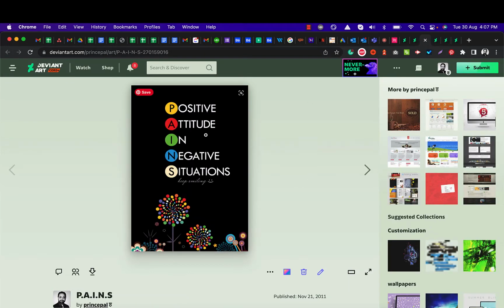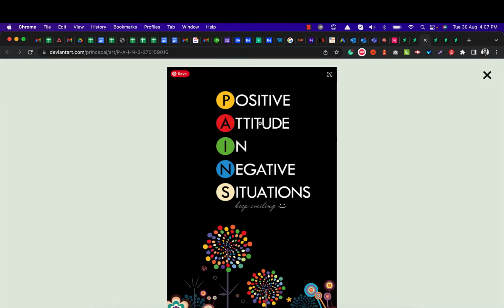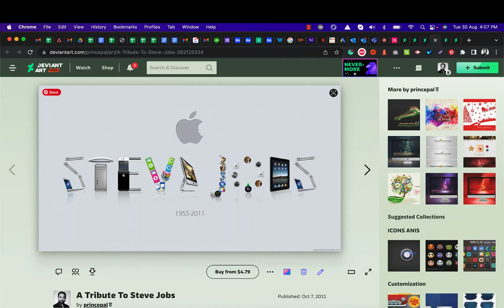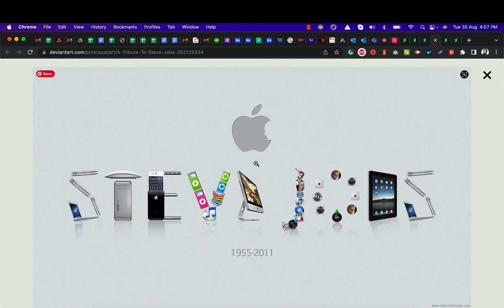Another one is about how we explain the words, how we play with the words. So this is wordplay. And then when Steve Jobs died, I dedicated this wallpaper to Steve Jobs with his own products. These are all Apple products, written Steve Jobs with the products.